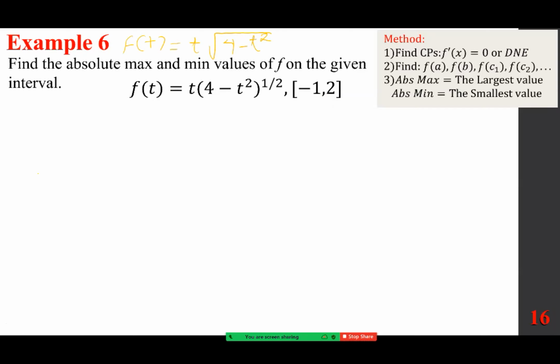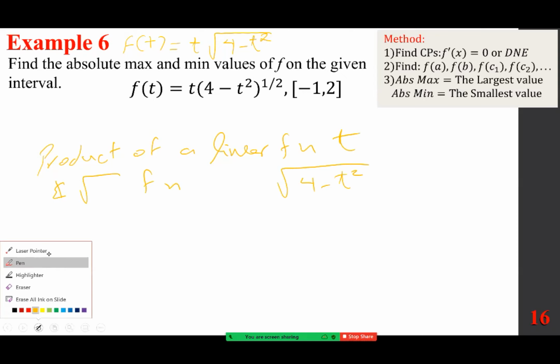This is the product of a linear function t and a square root function 4 minus t squared. And as you know, a linear function doesn't have any restriction.